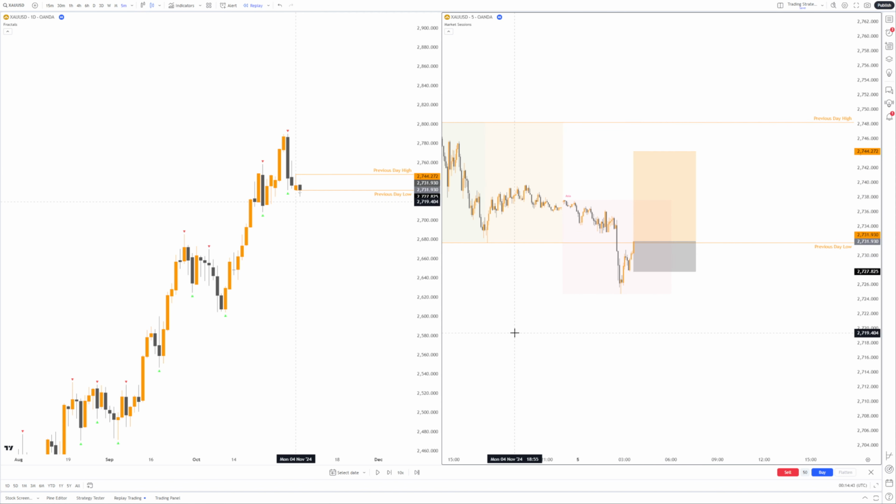Now you may or may not know about this on TradingView, but you can actually use the replay function to place trades. So I'm going to be placing a trade, and then I'm going to be placing my stop loss where I've just placed it, and you can see the risk is $1,246.